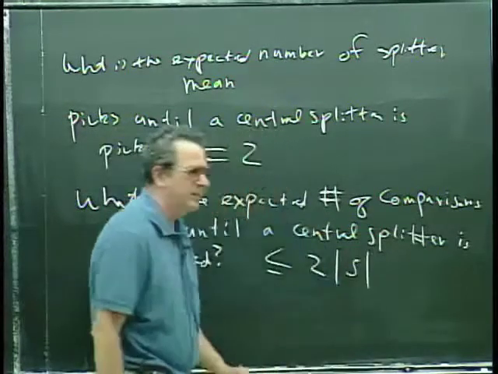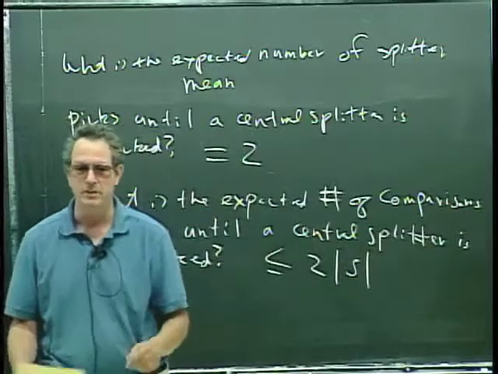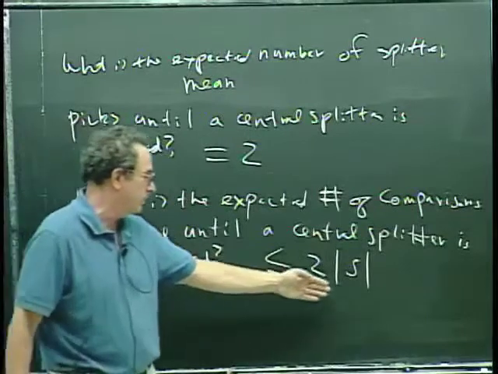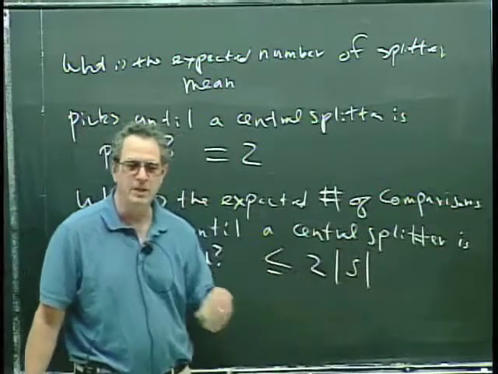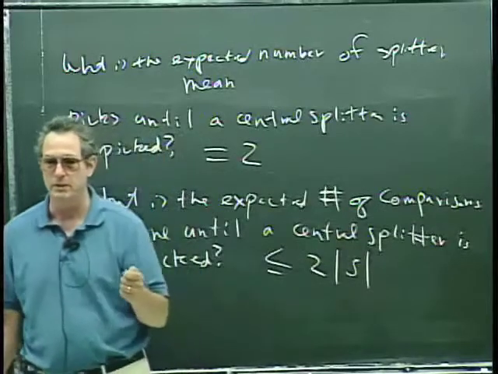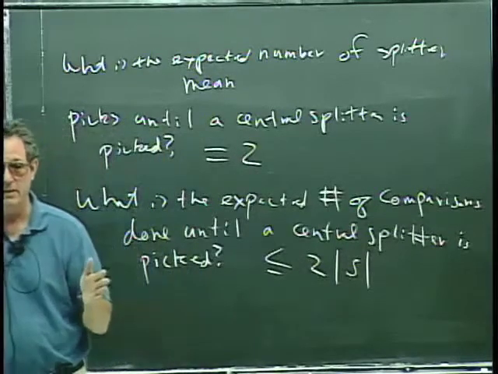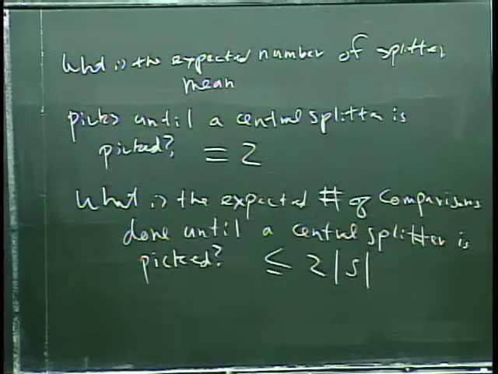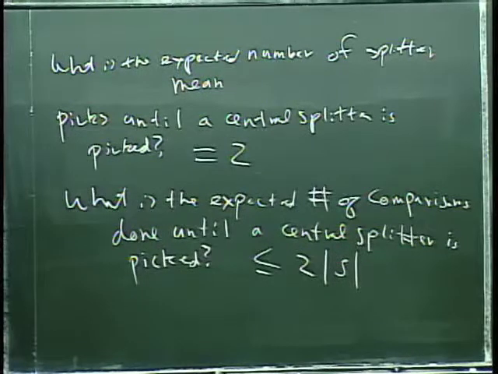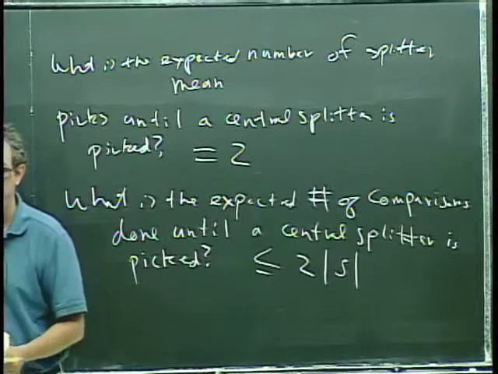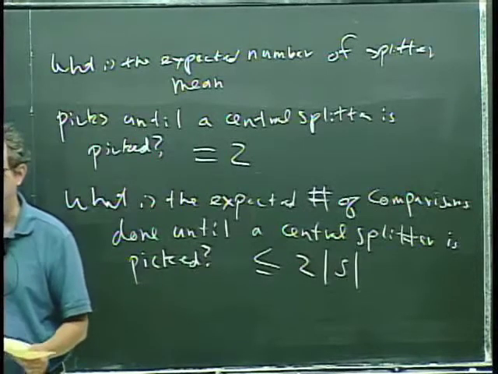And the reason that I say it's a tricky question is because this is the right answer when you first think of it. But then you might see there's a little bit of a refinement, because if you pick a splitter and it's not central, it still gets rid of some elements in S. So the next time you pick a splitter, your set is less than S, so you're actually doing fewer comparisons the second time. But it's fewer, not more.